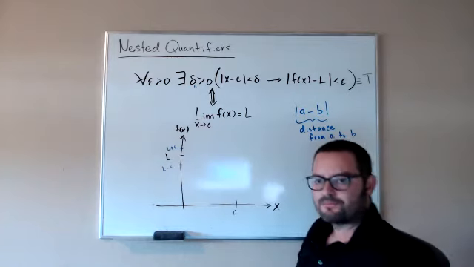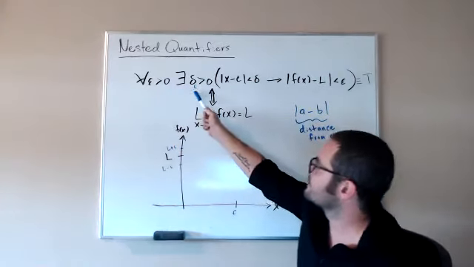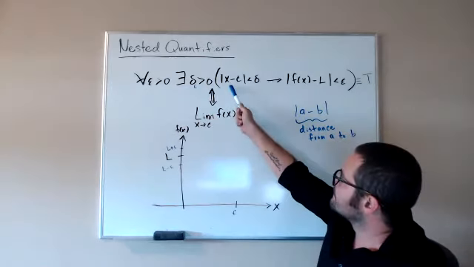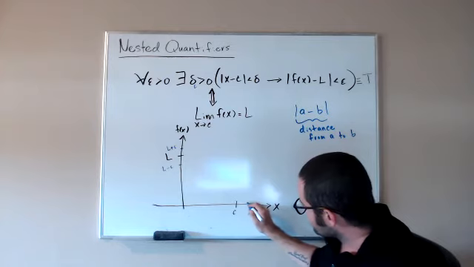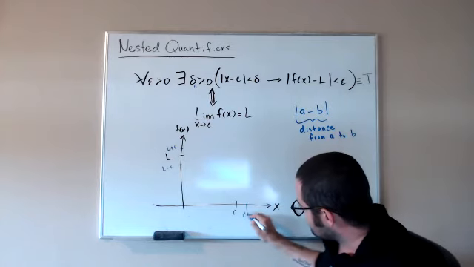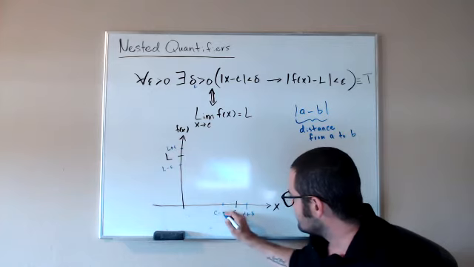Now what this definition says is that for all epsilon greater than 0, there exists a delta such that whenever x minus c is less than delta. So let's look at c plus delta and c minus delta.